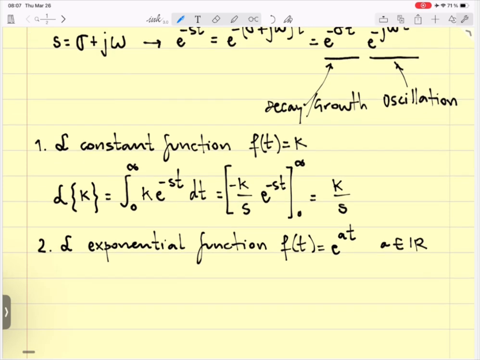So the Laplace transform of e to the at equals the integral between 0 and infinity of e to the at times e to the minus st dt.